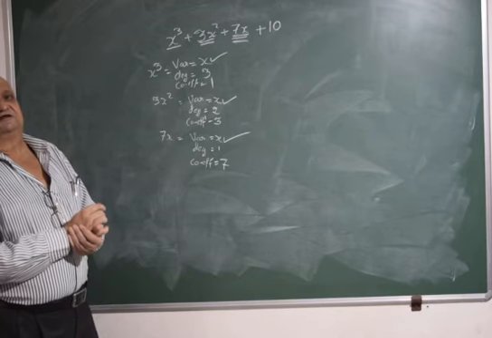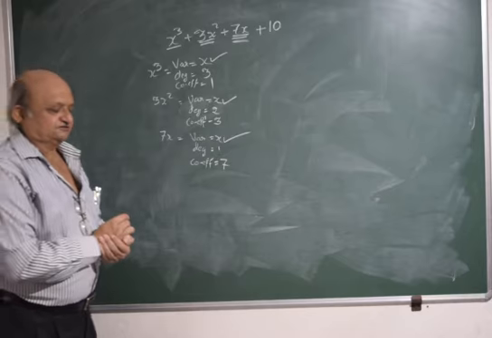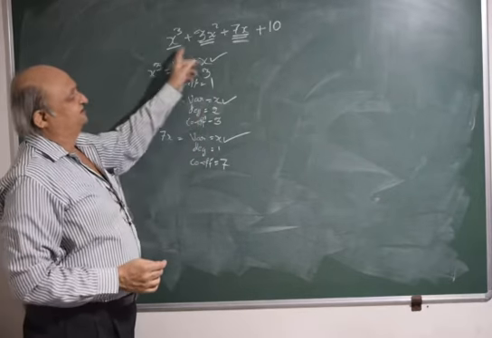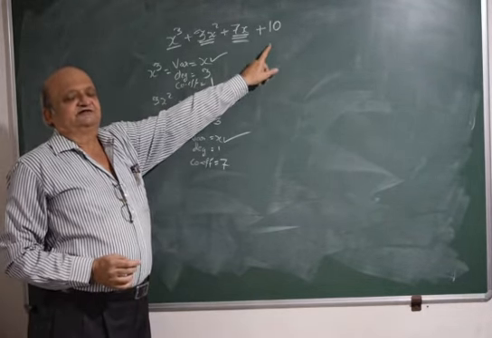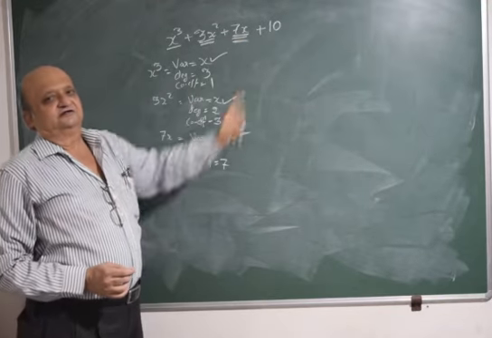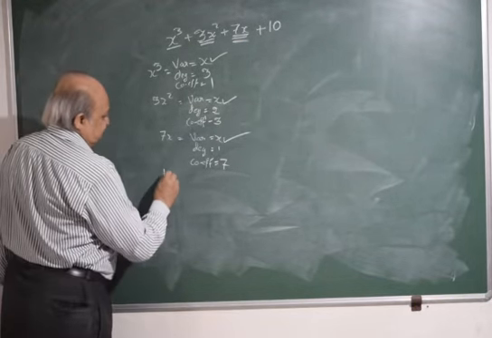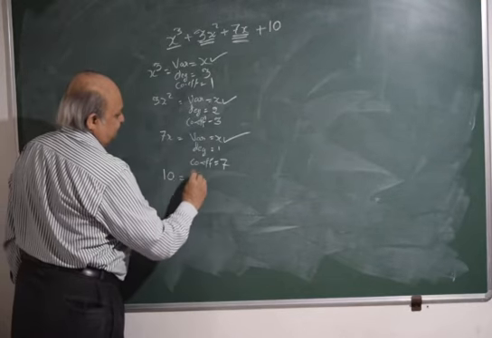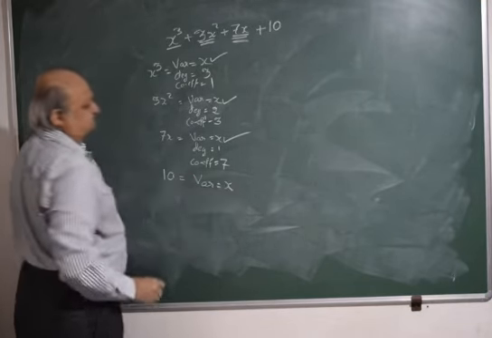Does it contain a variable? Yes. When we write it in this form, this 10, though we don't see the variable, does contain the variable. Let us see how. 10, here the variable is x.